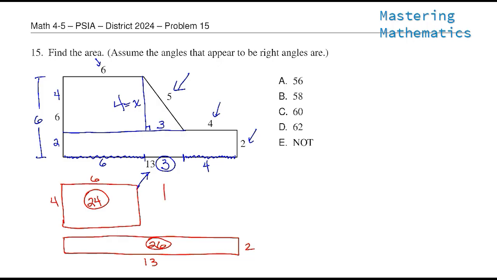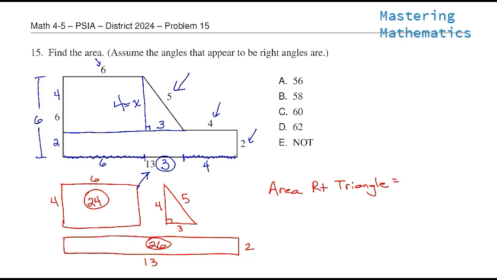And then the right triangle that we had right here had legs of 3 and 4 and a hypotenuse of 5. And all you have to remember is that a right triangle's area is half of the rectangle. You could even see the rectangle.